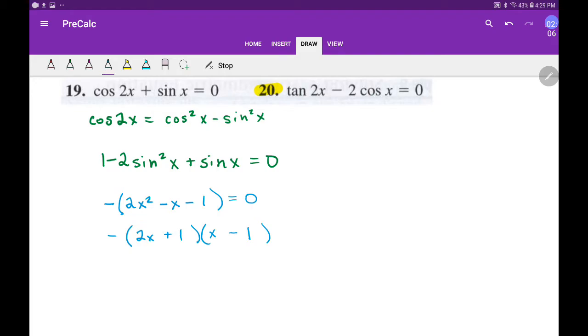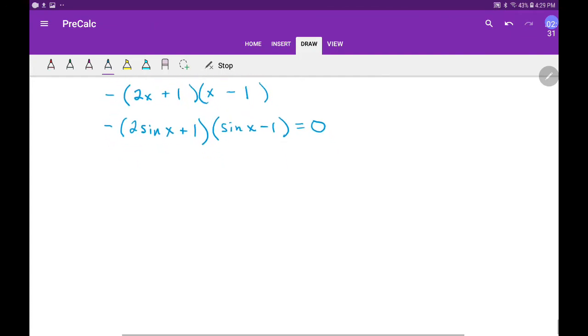Will this get me what I want? Well, let's see, 2x, yes it will, yes it will. This is factored, so now let me translate it back. I'm going to say 2 sine of x plus 1 and sine of x minus 1 is equal to 0.